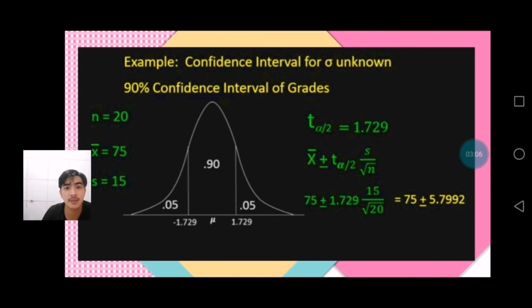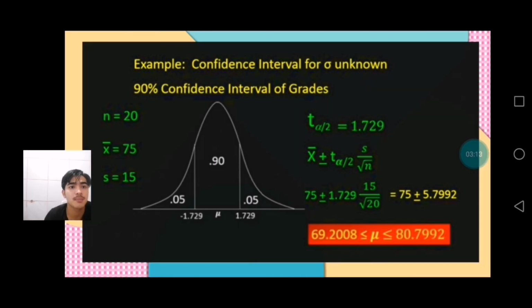That gives us a 90% confidence interval on the mean of between 69.2008 and 80.772. I'm so sorry, there was an error there. It is 80.772, not 80.7992.